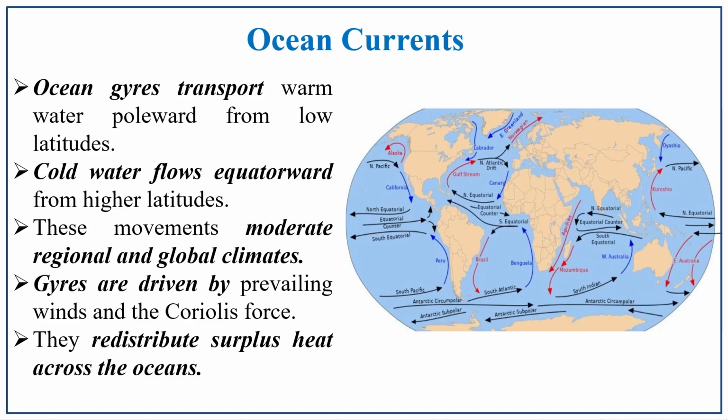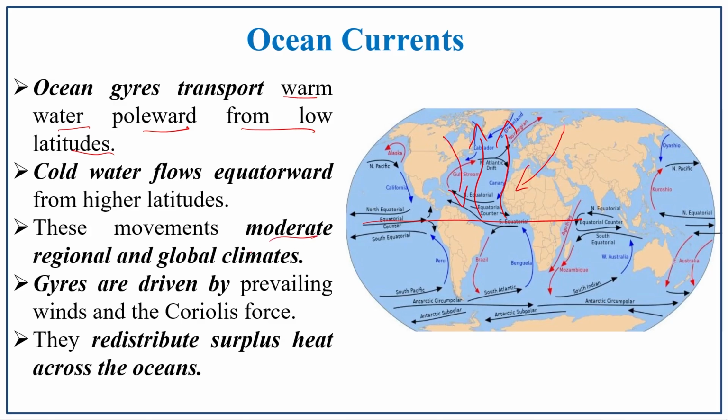Ocean currents. The ocean currents, the ocean gyres, transport warm water poleward from low latitudes. From low latitudes the warm currents are carried towards the poles. The cold water flows equatorward. So, the cold currents will be flowing towards the equator, that is, lower latitudes.